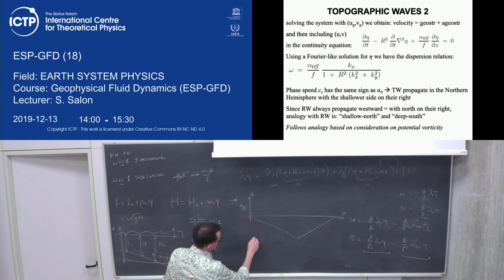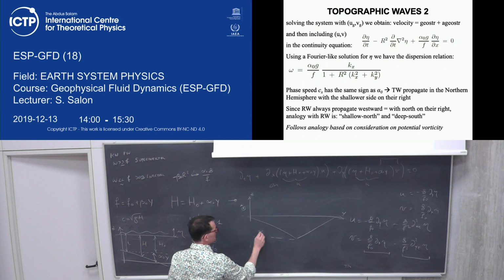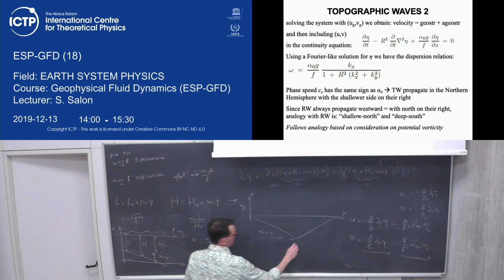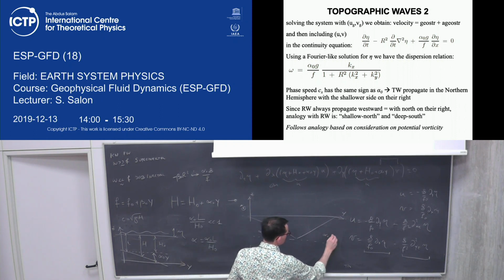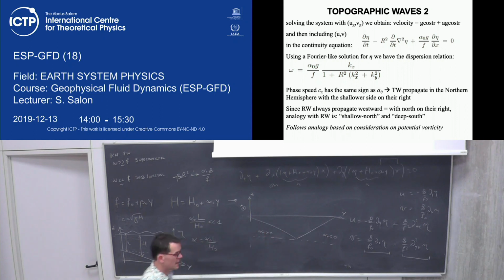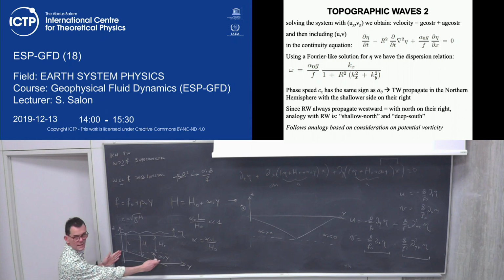Here alpha 0 is positive, and here alpha 0 is negative. Alpha 0 is nothing more than the gradient of the topography. So if I'm going in this direction, I'm adding fluid height. If I'm going in the other direction, I'm decreasing the fluid height.